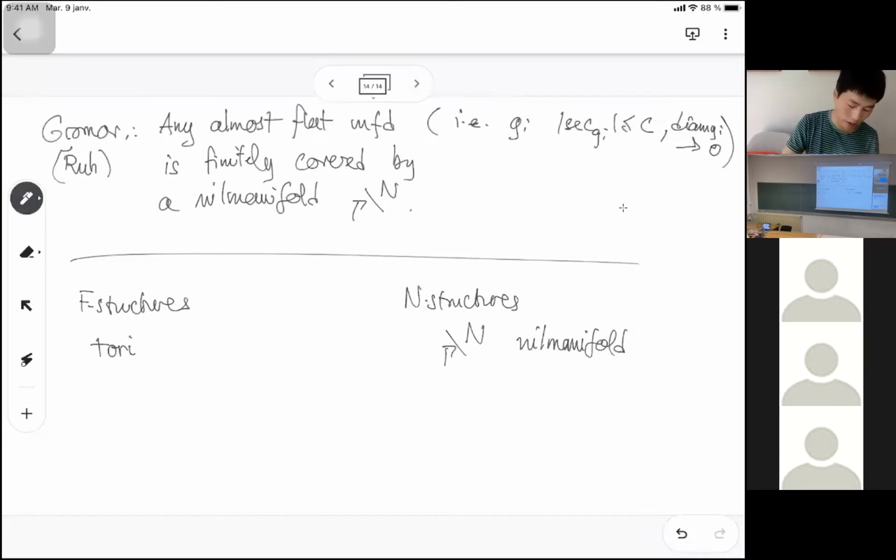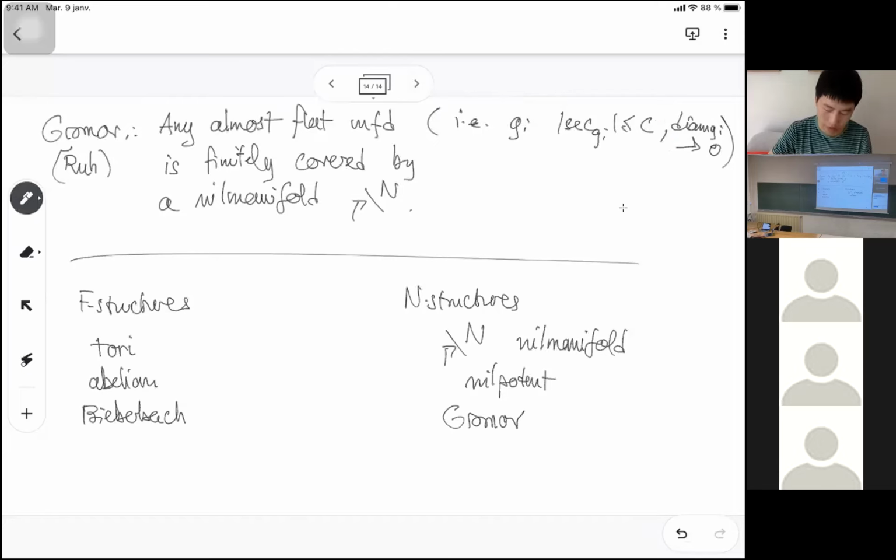So instead of having an abelian structure, we have a nilpotent structure. And moreover, the theorem of Bieberbach is going to be replaced by this theorem of Gromov, giving you the structure of almost flat manifolds. And we'll see that N structures are essentially given by actions by nil manifolds that can be glued together in the same sense that F structures are tori actions that you glue together. This is what I wanted to say today. So thank you for your attention.